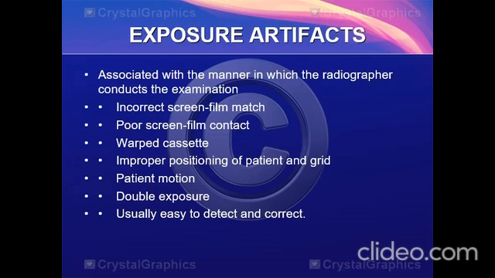So there is no need to exert an effort to properly position the grid in the patient. So, but still, there are some facilities, old facilities that uses separate grid and cassette. So this can also result to exposure artifacts if the grid are not properly positioned in relation to the patient.